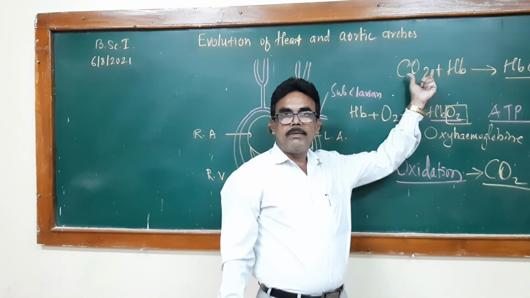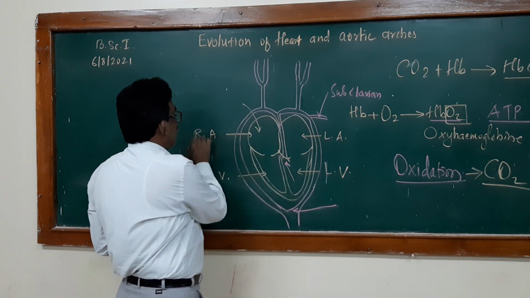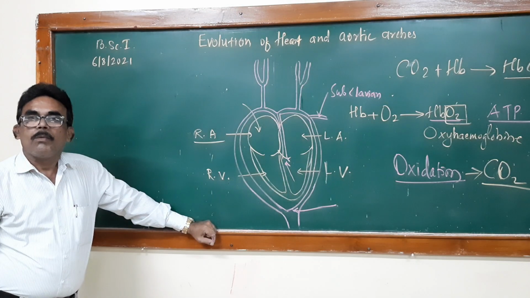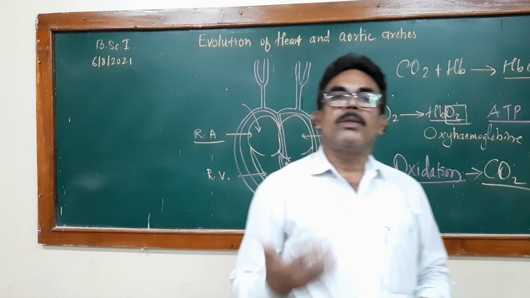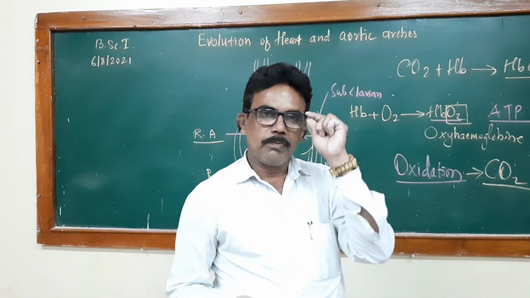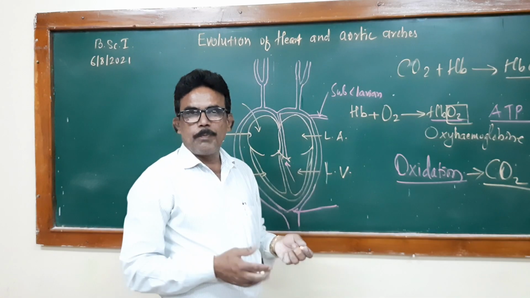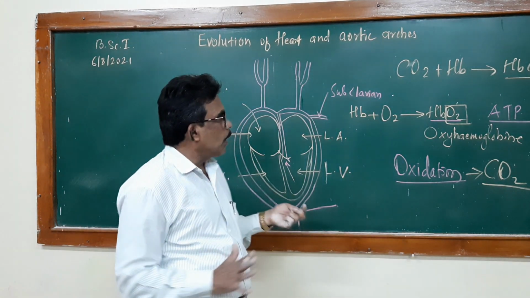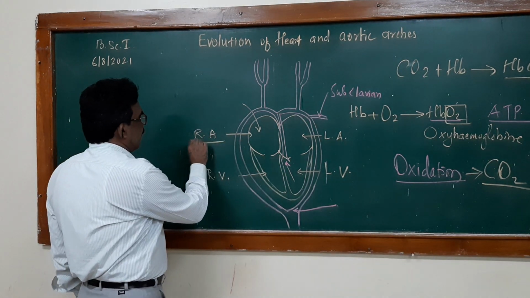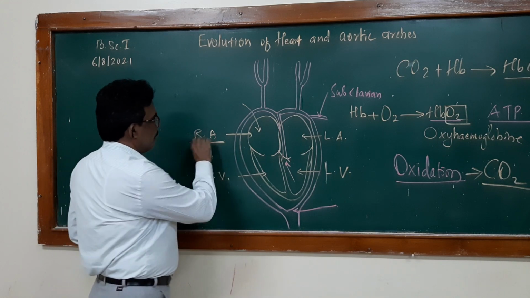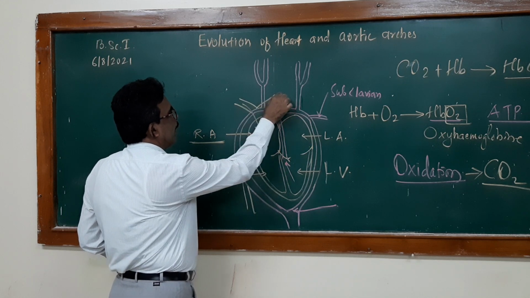This impure blood will be carried towards the right auricle via different methods, that is through the portal system, through the renal portal system and hepatic portal system. So from all the body, the impure blood will be collected by the portal systems, and that will be collected towards the heart region. So that is from posterior and from anterior.